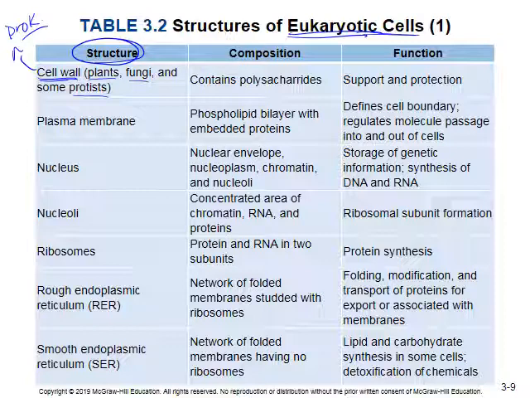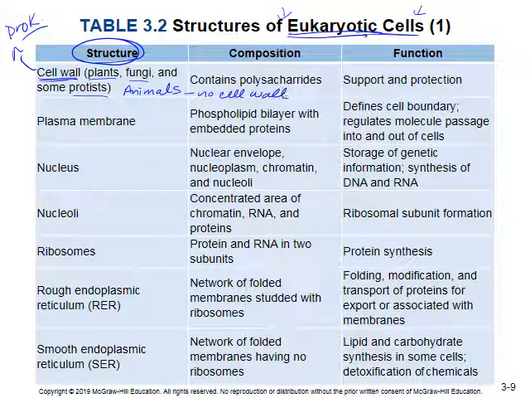Bacteria also have cell walls. So this is a structure that they share, but you can see that eukaryotes don't all have cell walls, right? Animals do not have cell walls. So it's good when you're looking at these tables to get an idea of how they're similar, how eukaryotes and prokaryotes are similar, and how they're different.